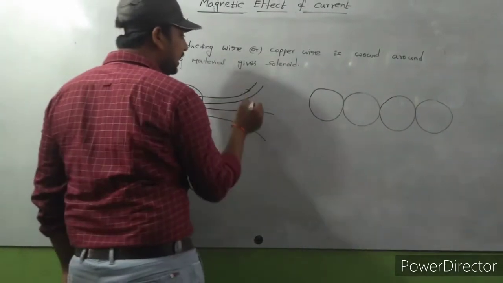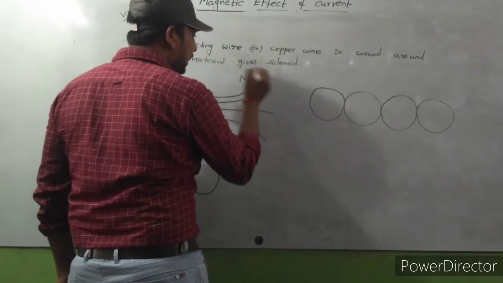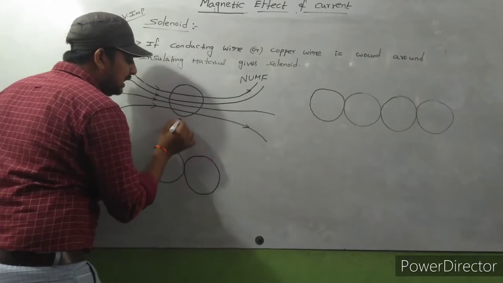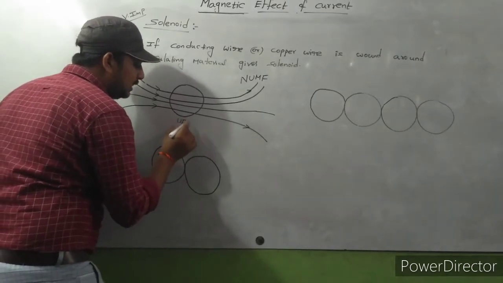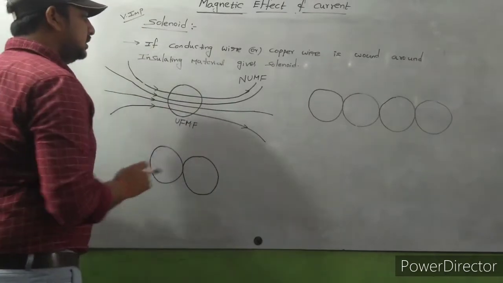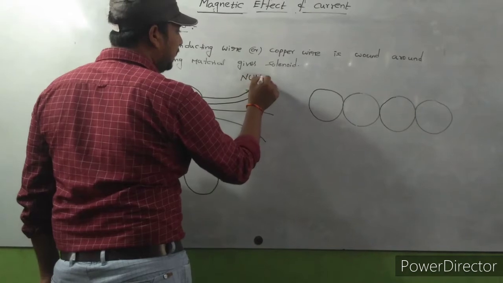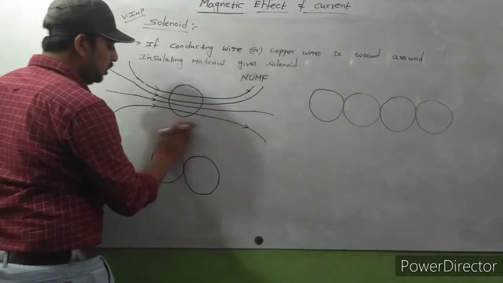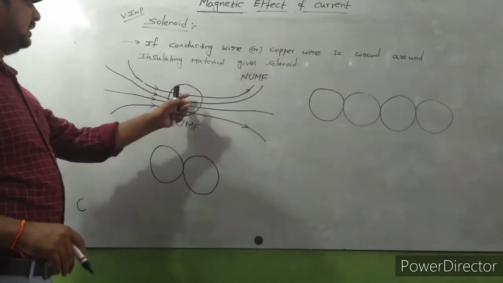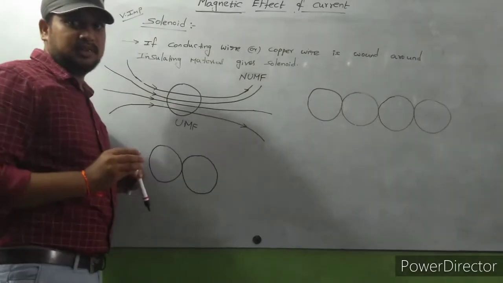What are these magnetic field lines here? These are non-uniform magnetic field lines. Here inside the loop, these field lines are uniform magnetic field lines. Inside the loop, the magnetic field lines are very close.